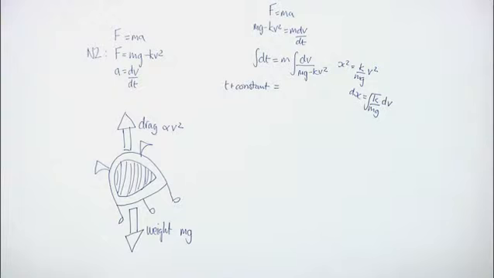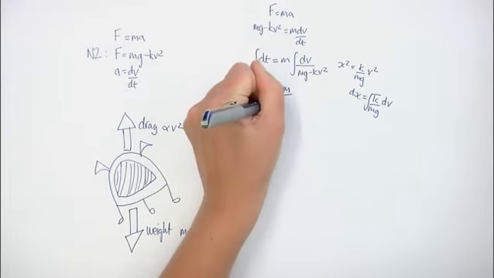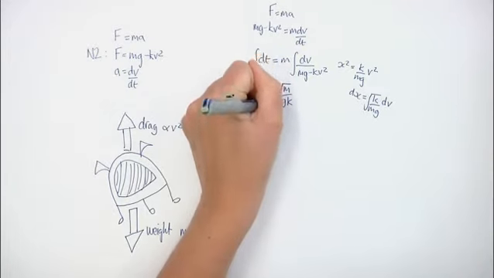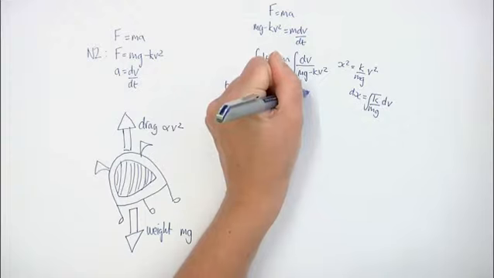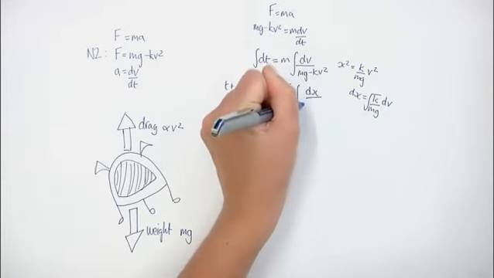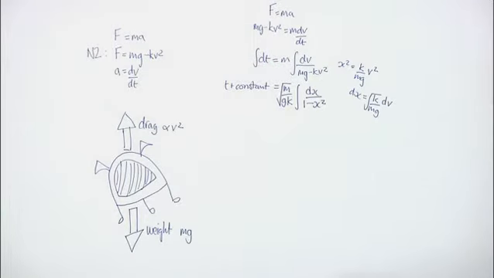So our integral becomes the square root of m over gk times the integral of 1 over 1 minus x squared.